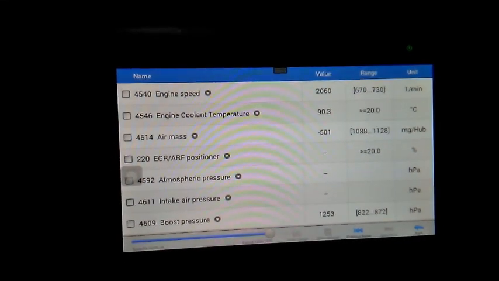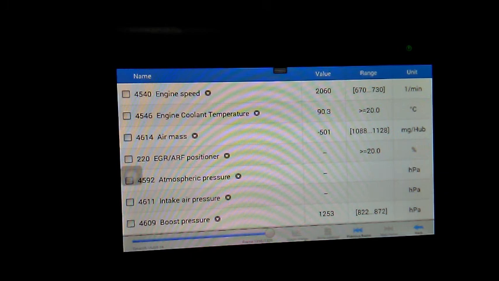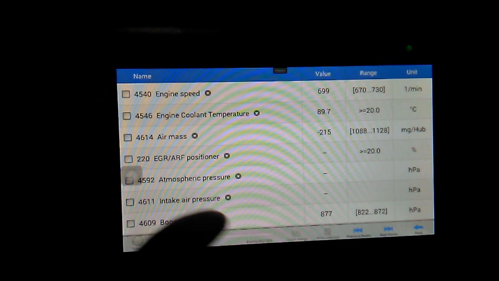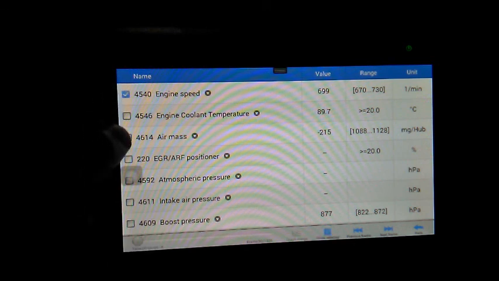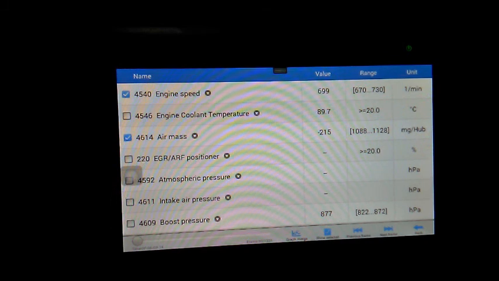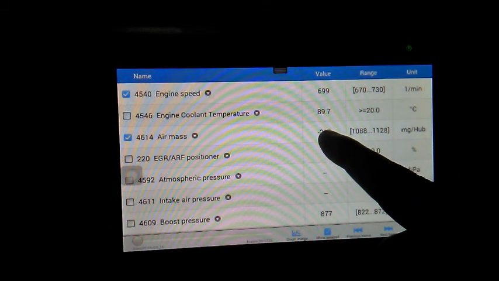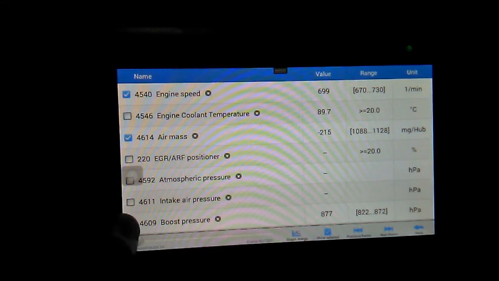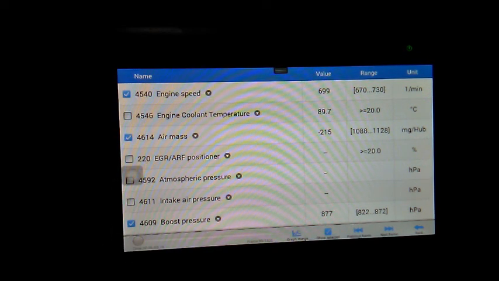I tried to compare the rail pressure information with the mass airflow, because the mass airflow was reading negative values, by the way. Can you see that? I'd never seen a mass airflow reading negative numbers. And this is the boost pressure from the MAP sensor equivalent.